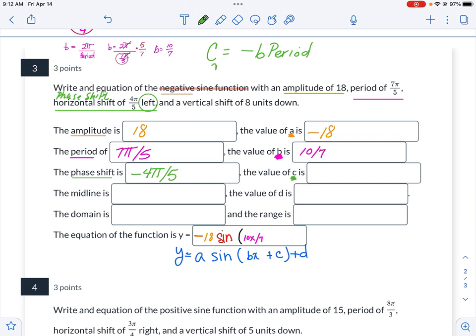So that is going to be c is equal to the opposite. We just found out that b is 10 sevenths. And we were just told that the phase shift is negative 4 pi over 5.